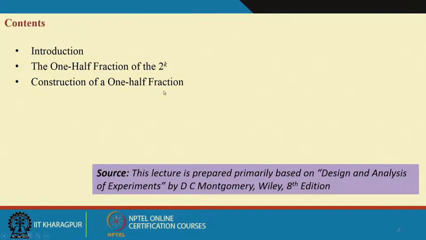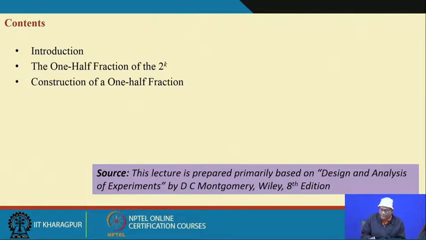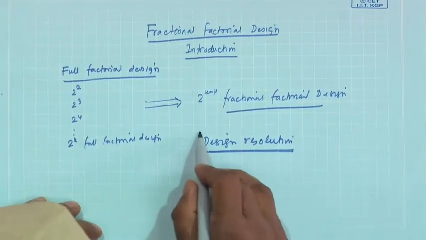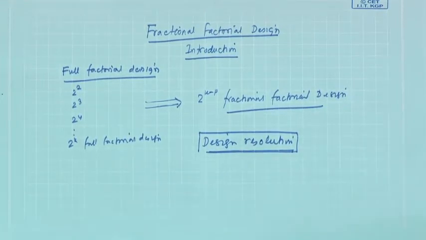One example will be shown to you, and then there is another important concept called design resolution. Design resolution will be discussed. It may take time, but we will try. If not, otherwise in the next lecture we will start with design resolution.